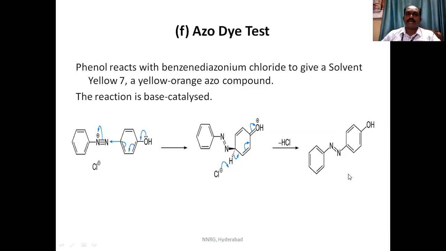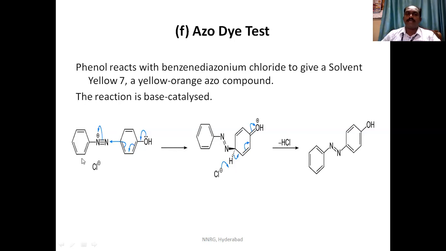Final test, azo dye test. It is a common reaction where phenols react with benzene diazonium chloride. Benzene diazonium chloride is a reactive species which contains benzene, a diazo group and chlorine. How is this benzene diazonium chloride synthesized?